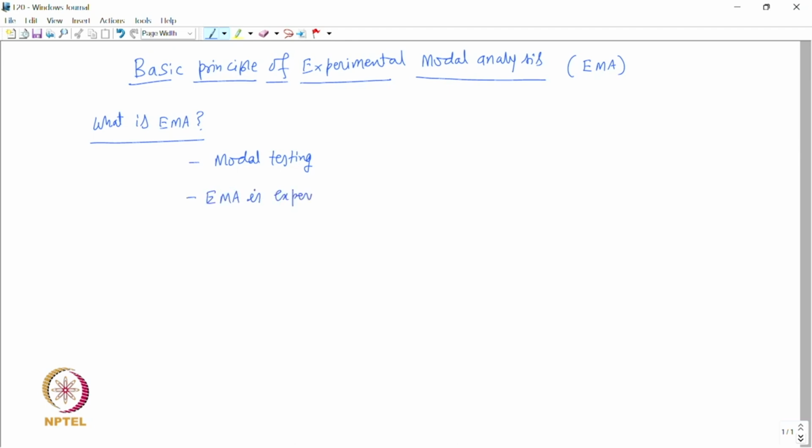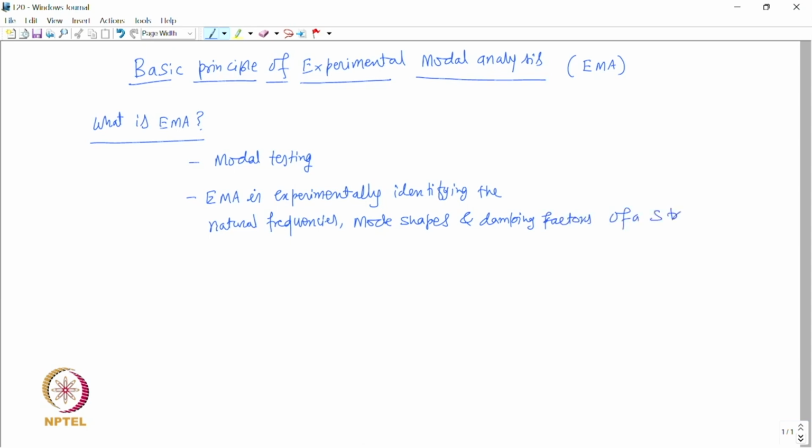So EMA is experimentally identifying the natural frequencies, mode shapes and damping factors of a structure or a system.